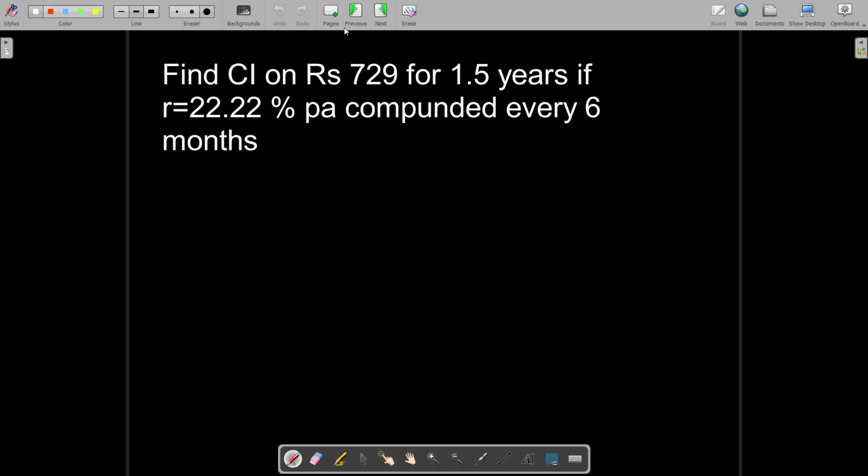You should know that 22.22% means 2 by 9 per annum, but the compounding period is every 6 months. So 2 by 9 for a year. For 6 months, you get 2 by 9 into 6 by 12 equals 1 by 9 or 11.11% as rate of interest.